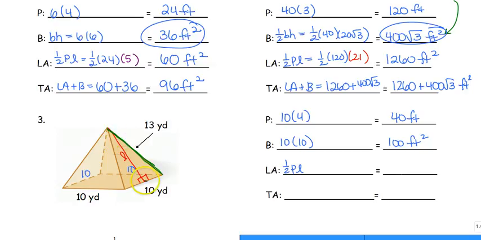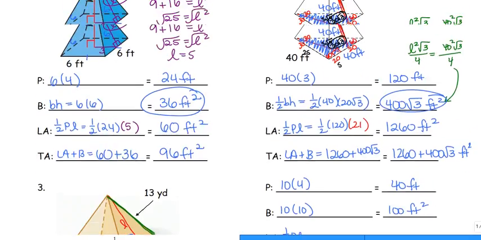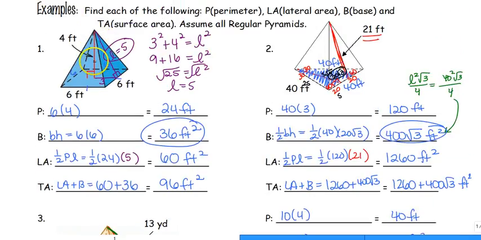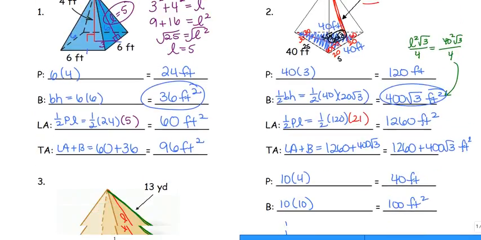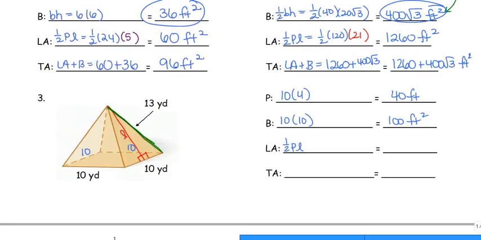The slant height is the height of that triangular face, which is slightly different because in number 1, I gave you the height of the pyramid. So I gave you a different piece of the puzzle. You can still go ahead and find the slant height the same way. This side right here has a length of 10, but because it's regular, it's going to be bisected into 5 and 5.